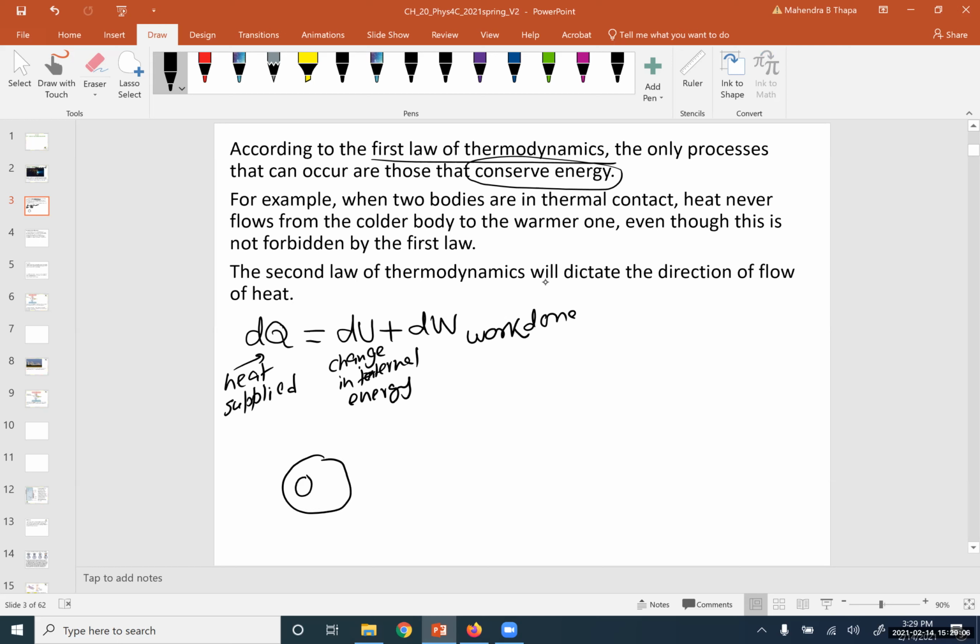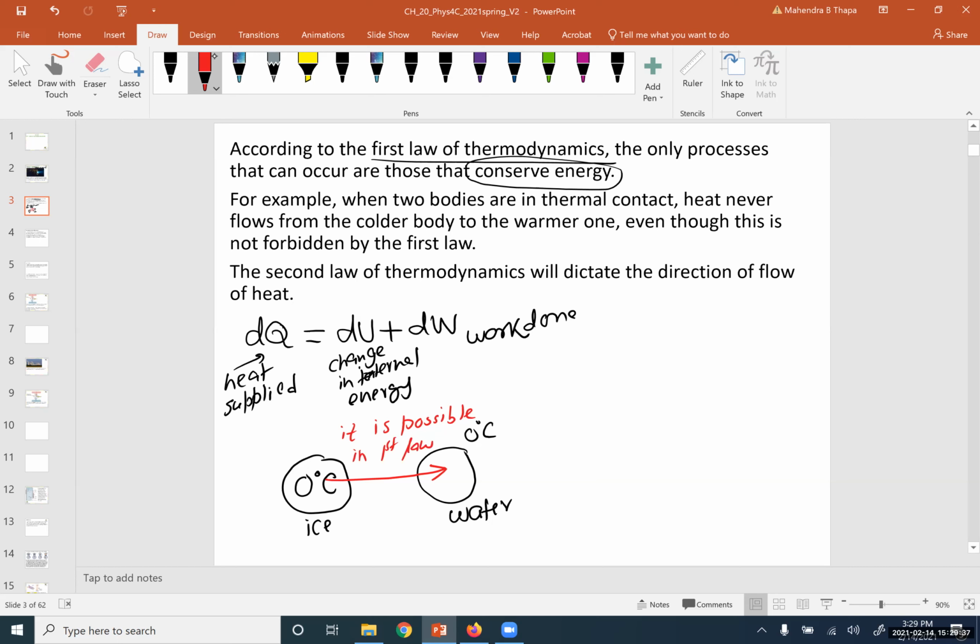If we consider the first law, heat can flow if we have ice at 0° and water at 0°. According to the first law, heat can flow from ice to water, so this is possible in the first law.